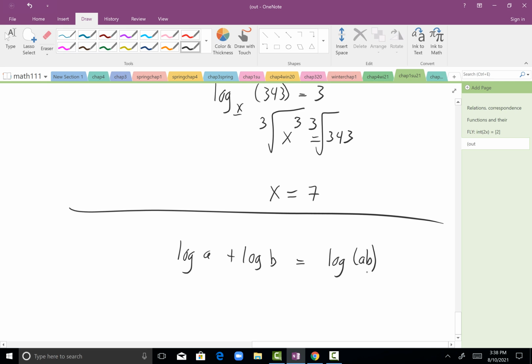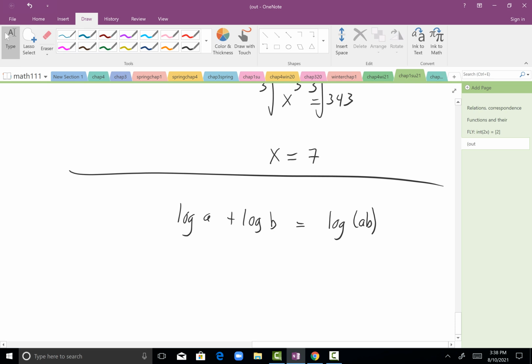If it's minus and you're dividing, it's a quotient. If we have n times log base a of b, that's equal to the log base a of b to the n. The base is really not important here. So that n pops up there.